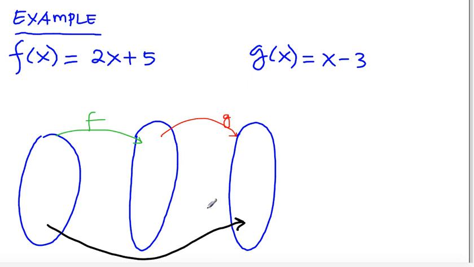Will I be able to combine somehow these two formulas and find a new formula that will give me a rule that goes straight from the first set to the third set? Well, of course it's possible. It's the same thing. So if I want to find that formula, I'm going to write it this way. That's the notation, either with bracket or with the little circle. So I am going to find now.